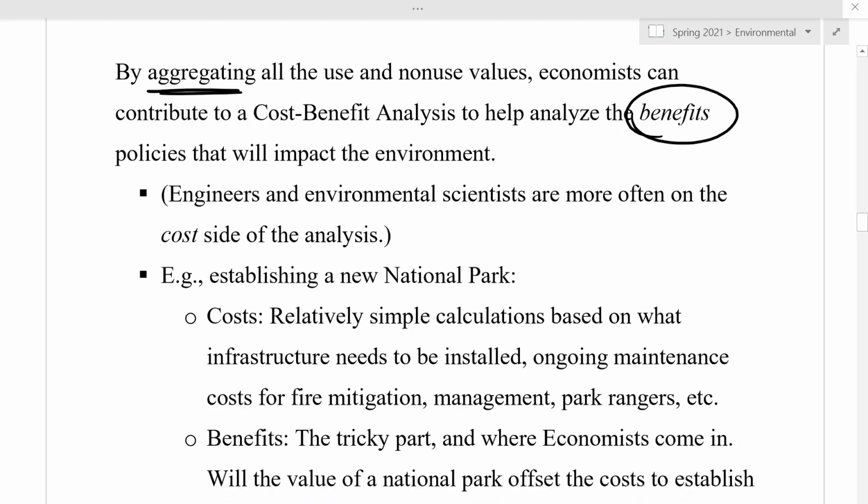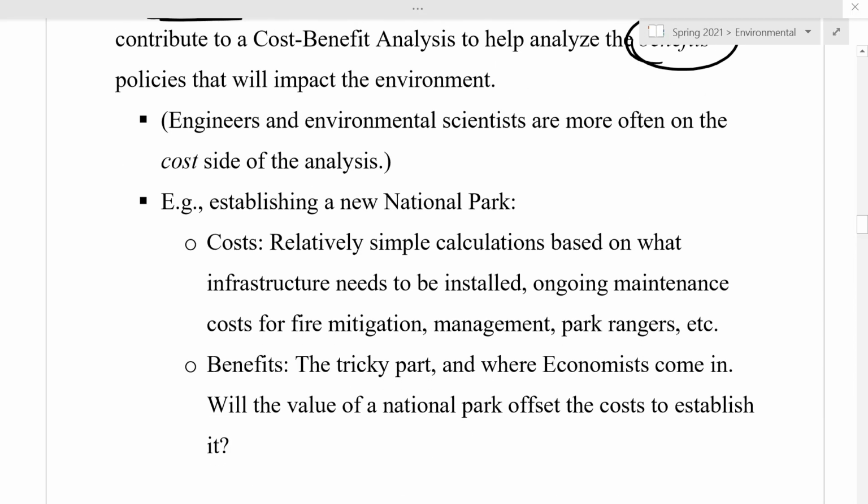And I should say, the cost side of an analysis is pretty easy. So in this example, which I talk about here, if some government is thinking about putting a national park into place, the cost of that is going to be, compared to the benefits especially, relatively simple to calculate. Okay, you're going to have, say, 10,000 acres, how many acres of woods there are, rivers, streams, all the different land use types.